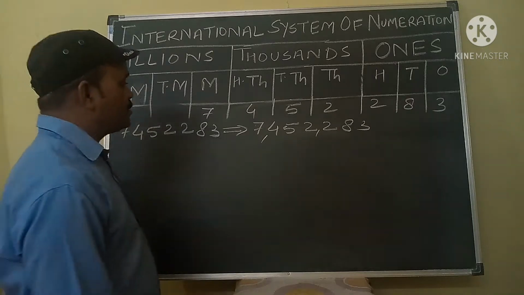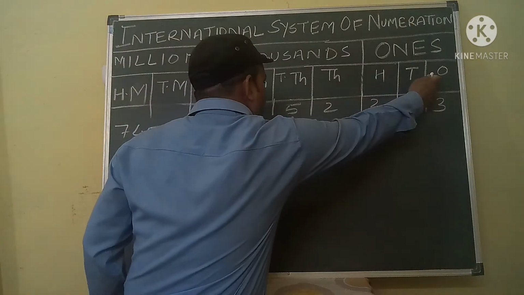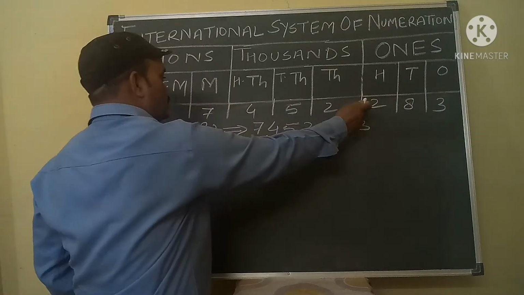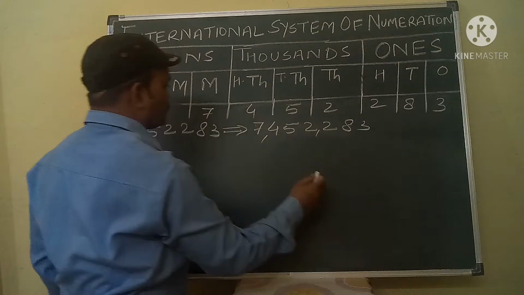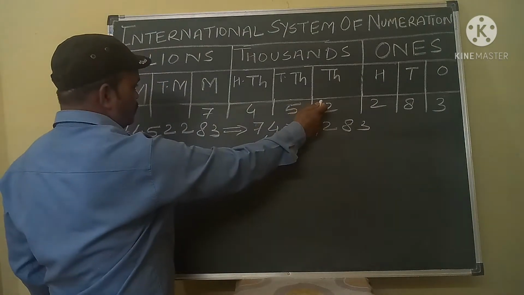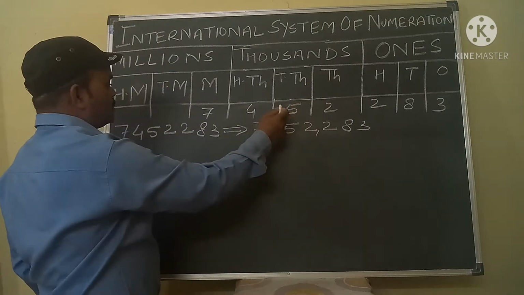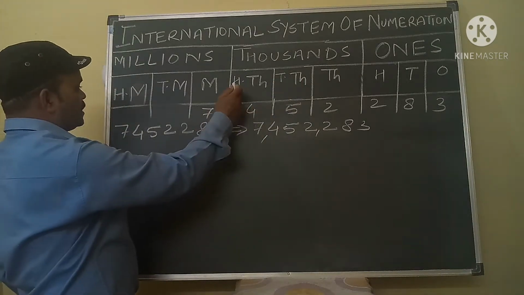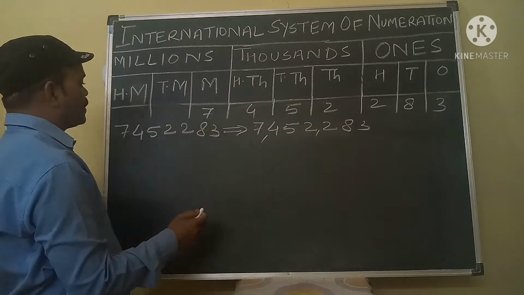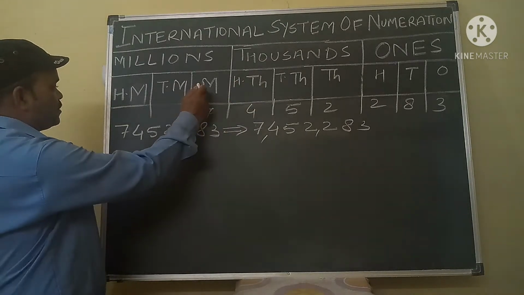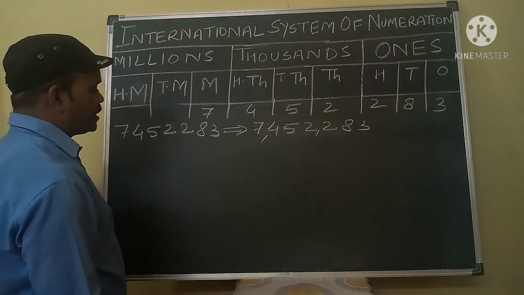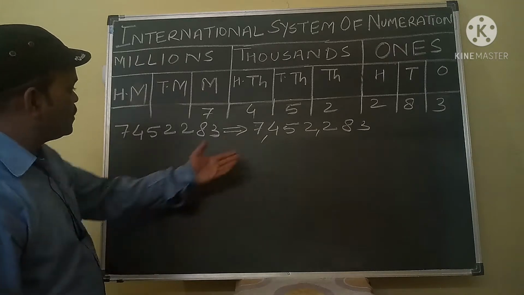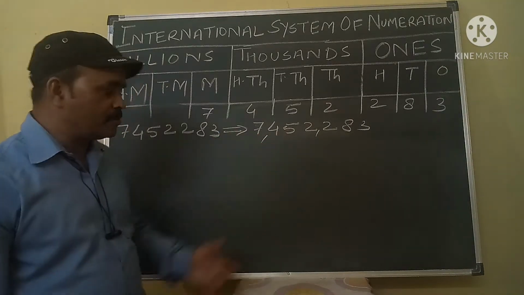Again I am saying 3 is in ones place, 8 is in tens place, 2 is in hundred place, 2 is in thousand place, 5 is in 10,000 place, 4 is in 100,000 place, and 7 is in million place. Okay, then after we will take out the place value of each digit in this number.